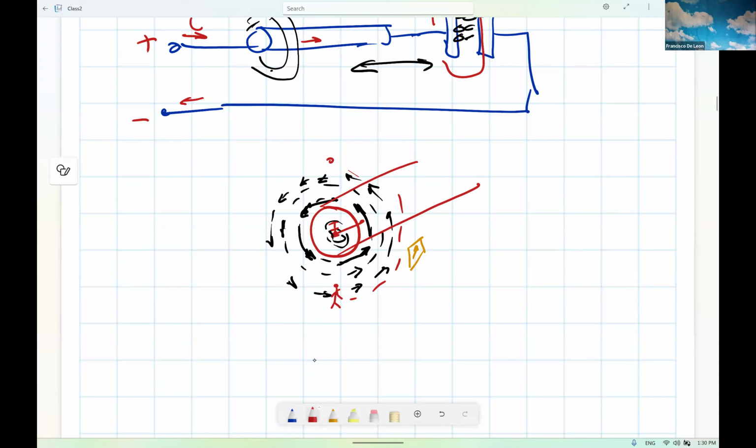Now, only humans go against the current. Nothing in physics is against the current except humans. If you look at electric current, it goes from the easiest path, but we humans don't always follow the easiest path. We sometimes take the hardest route just for fun, or because we don't know better.